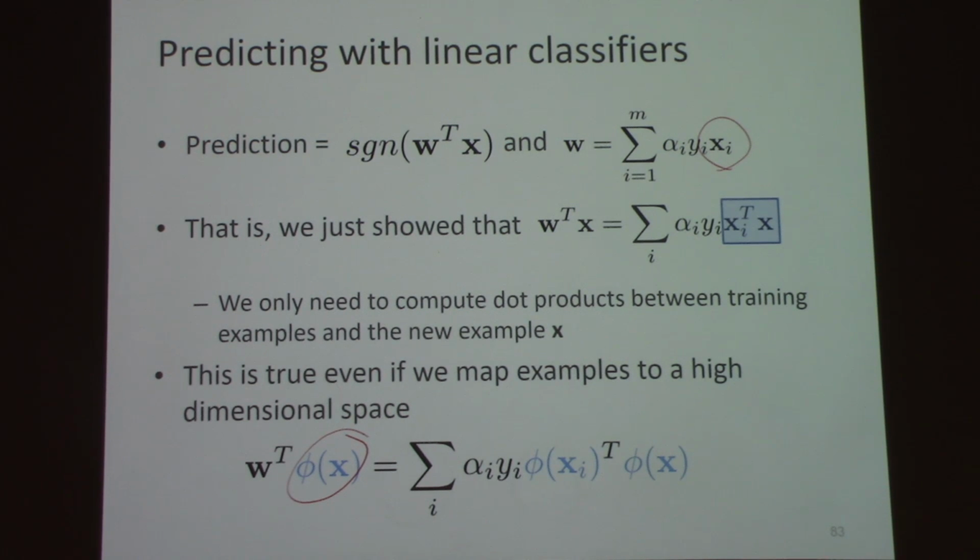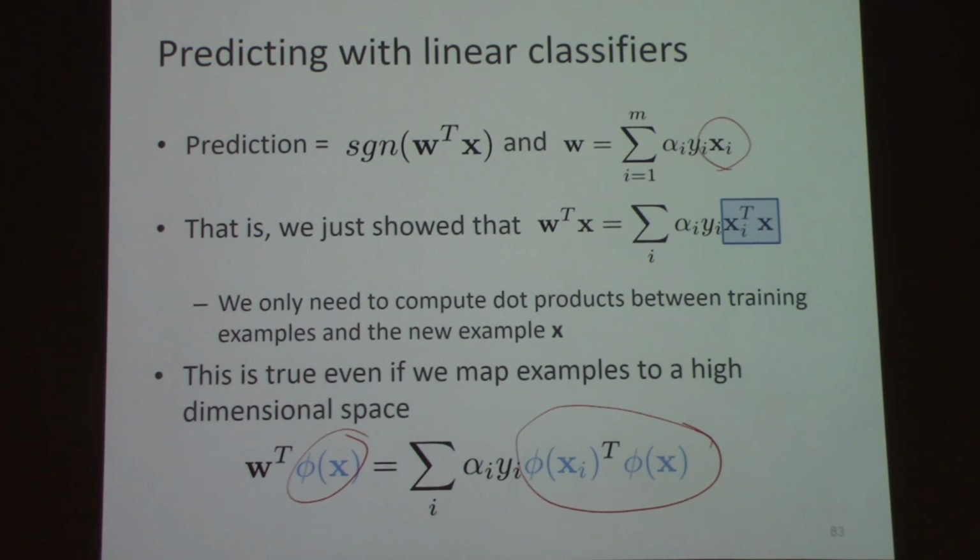I need to remember the entire training set and compute the dot product, but now I'm not computing dot products in the original space of X, but in this expanded, transformed feature space. So the whole story repeats. All I need to implement a support vector machine is the ability to compute dot products in this high dimensional, transformed feature space.